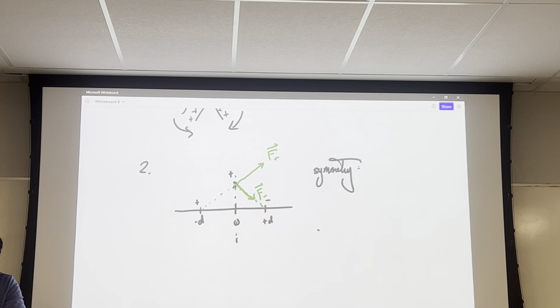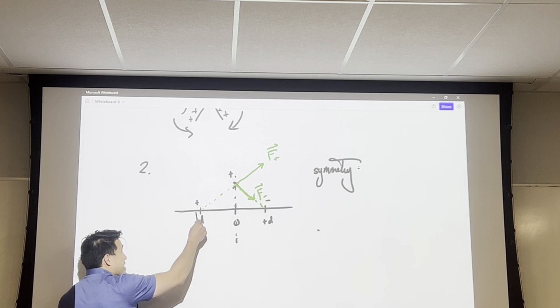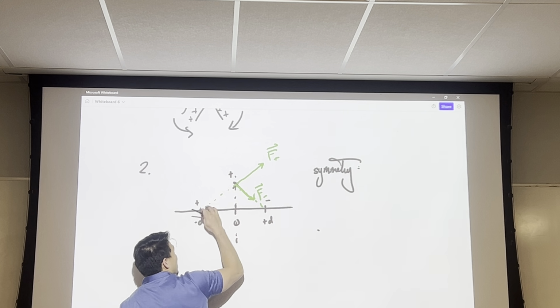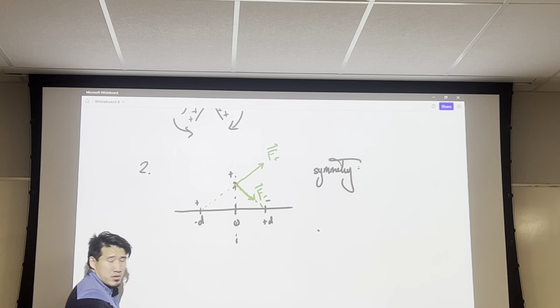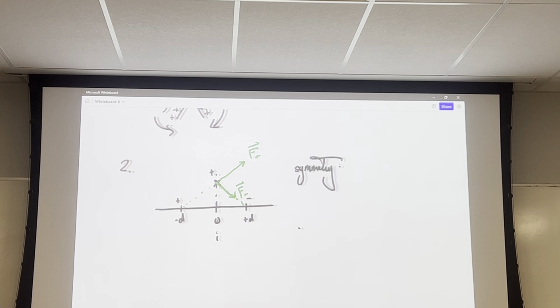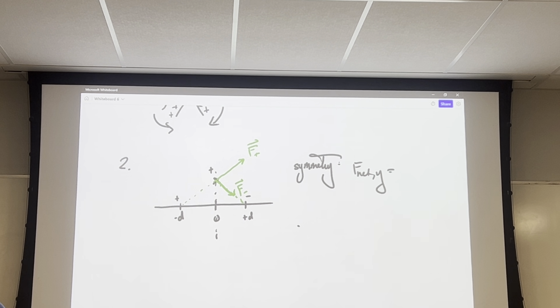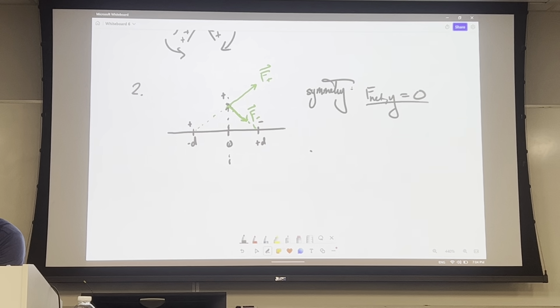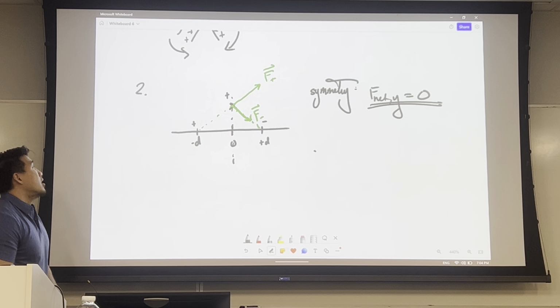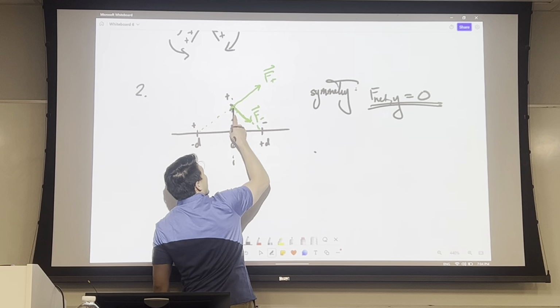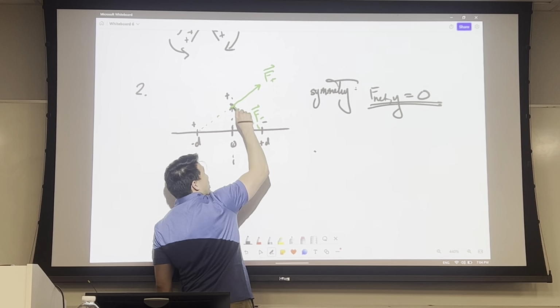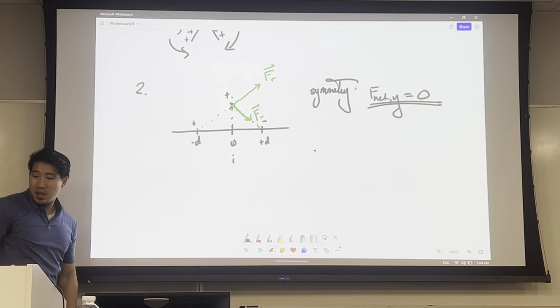Because the distances to the third charge are identical for these two, we know that F net y is going to equal 0, because the y component of this force and the y component of this force will cancel.